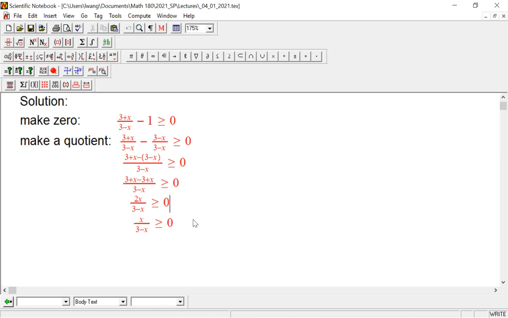What did I do? I have divided both sides by 2. By doing that, I make my quotient as simple as possible. I divide both sides by 2, I don't need to change the direction, right? Could I do more? Yes, I could, but I'm going to just stop here.